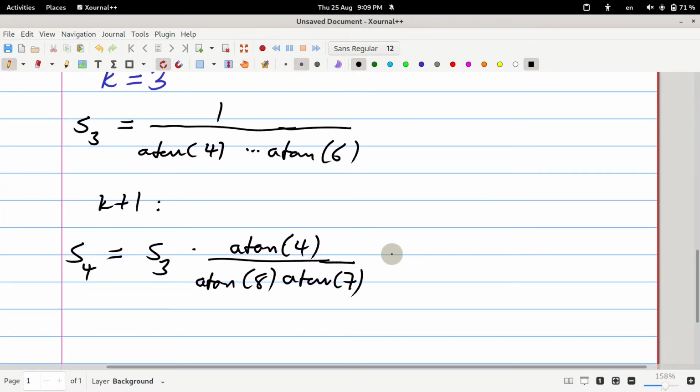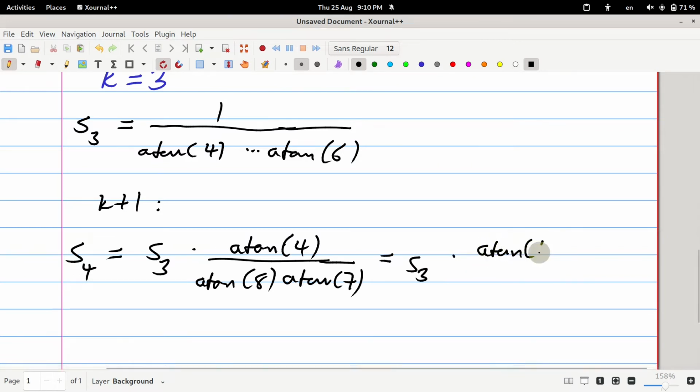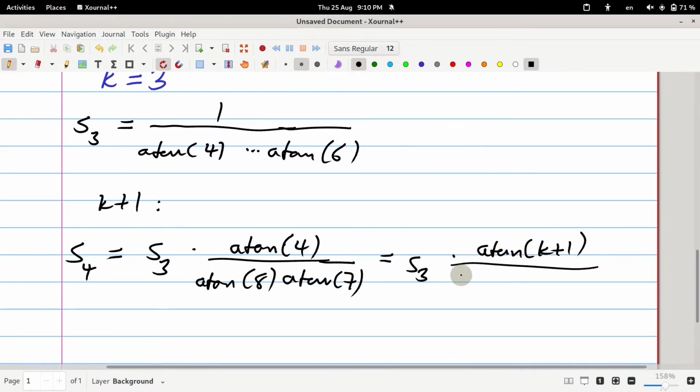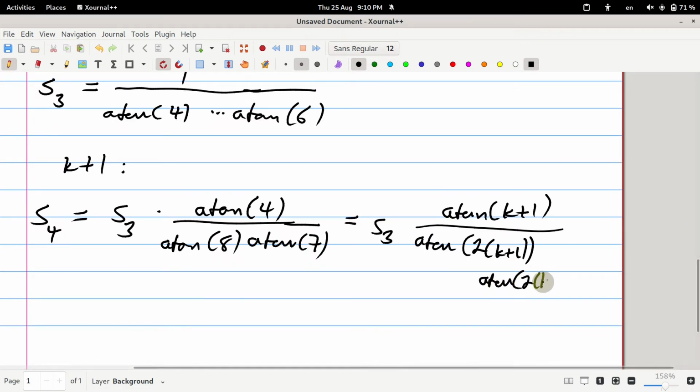Now we see that we basically have 8. If you notice this, what we have in here is S3 multiplied by a tan k plus 1 over a tan 2 in bracket k plus 1, a tan 2 in bracket k plus 1 minus 1.